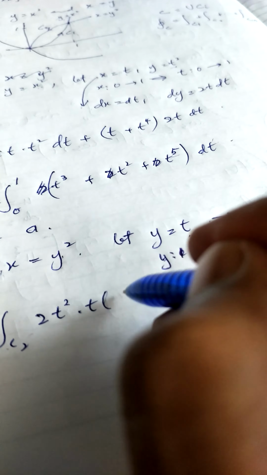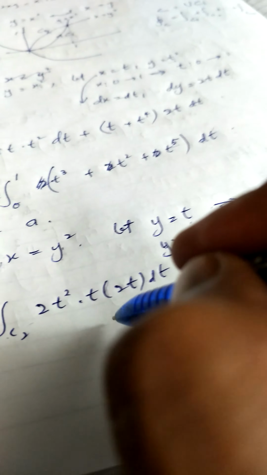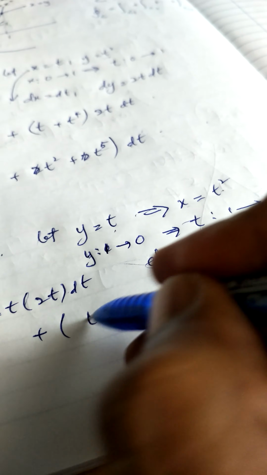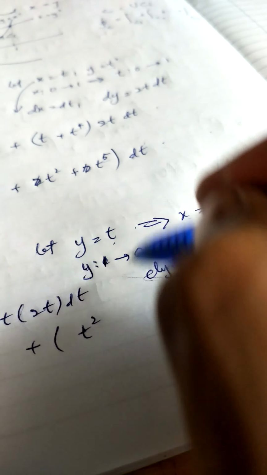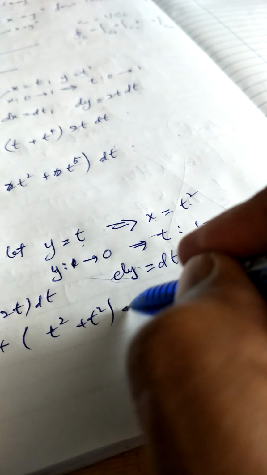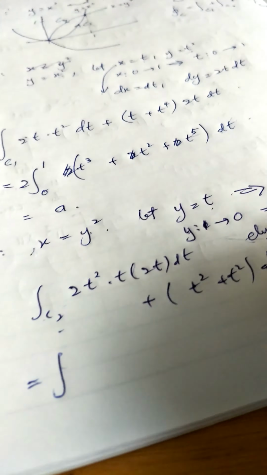So here we need 2t dt, plus x, which is t squared, plus y squared, which is t squared, dy is dt. Then simplify this. For C2, t from 1 to 0.